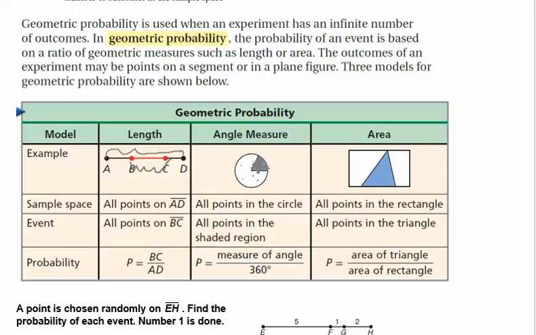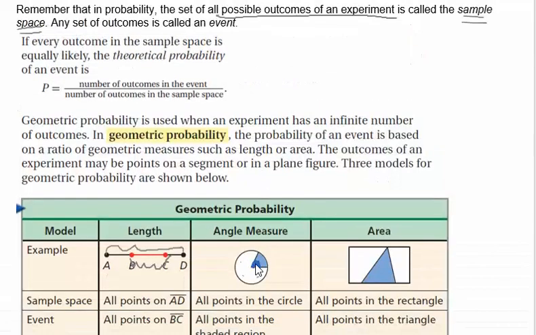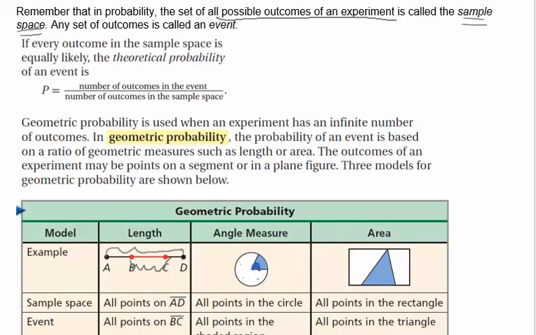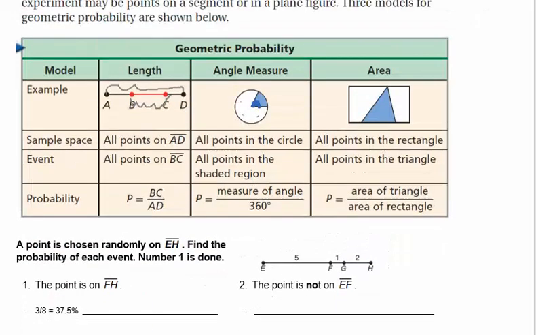And that angle measure of that sector over 360 degrees, because every circle has 360 degrees. So if you're dealing with an angle measure of a circle, the numerator will be whatever the angle we're given, and the denominator will always be 360.